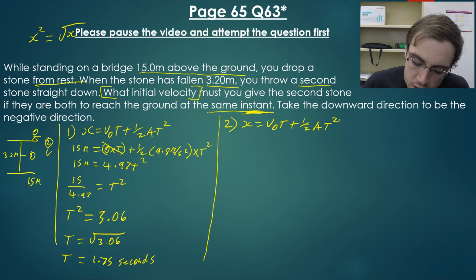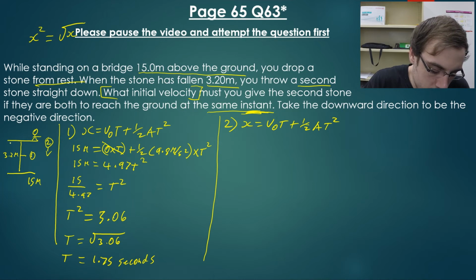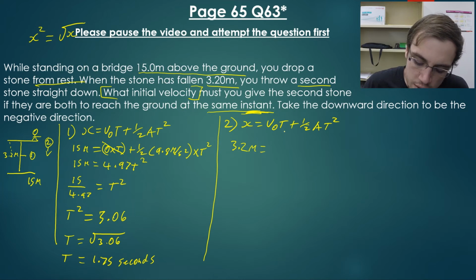So we use our formula x equals v0t plus 1/2 at squared. Our displacement is 3.2 meters, because again, we want to find this part here. So 3.2 is equal to v0t, so we're going to go 0 times time, plus 1/2 at squared.